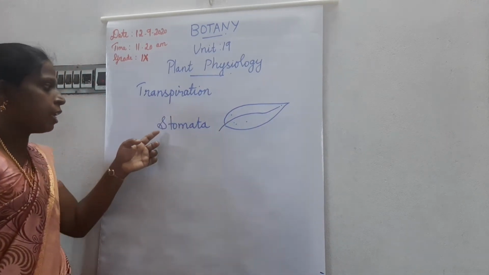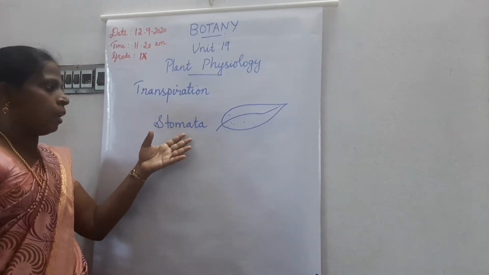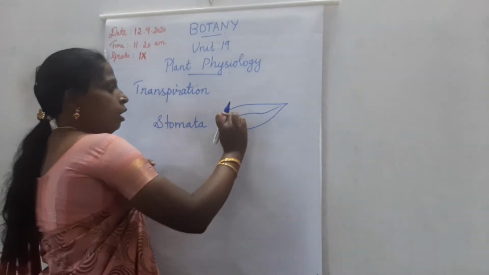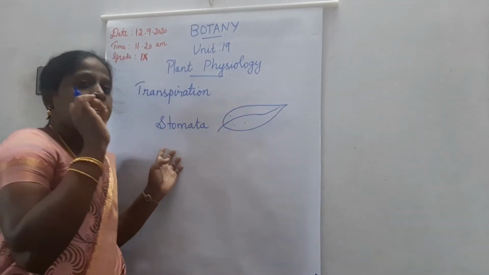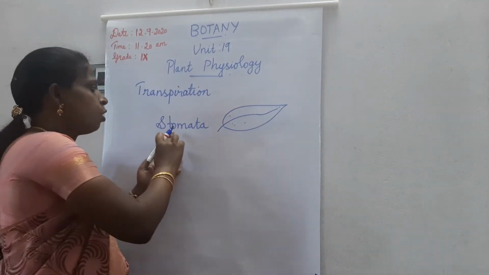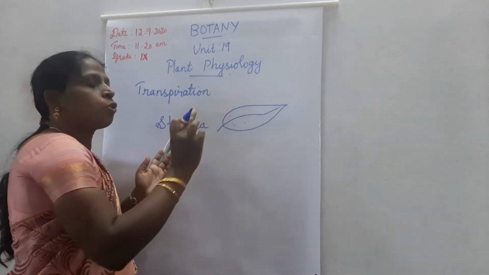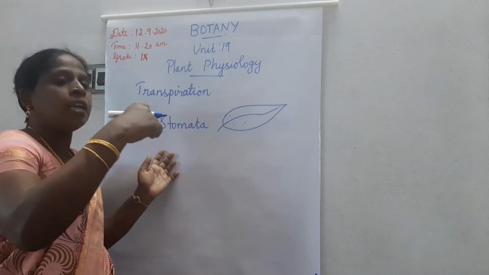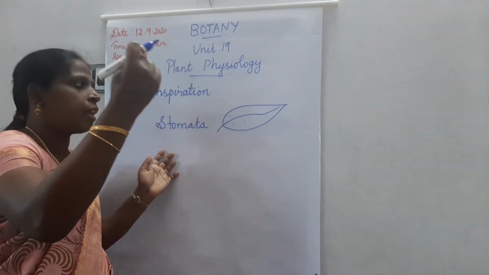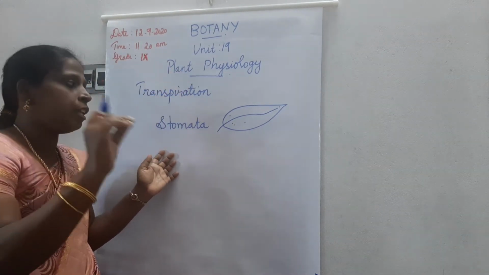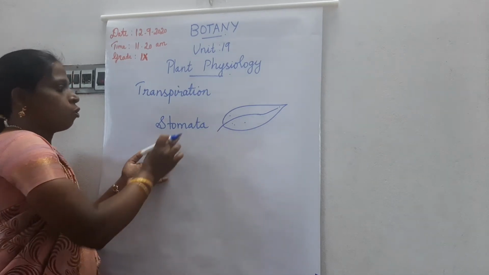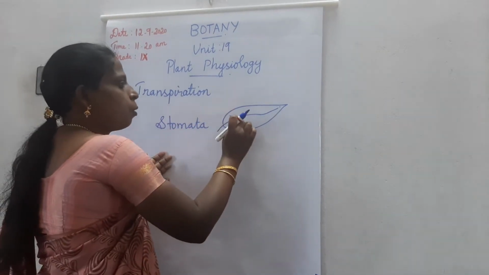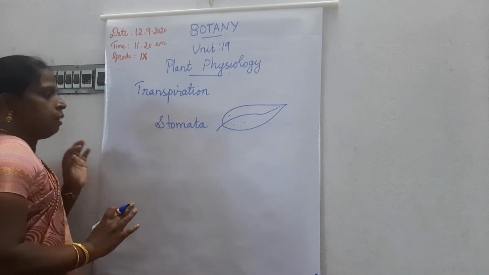Singular is stoma, plural is stomata. Through these stomata only, the excess water is released outside or evaporates to the atmosphere in the form of water vapor. So stomata are the tiny pores present in the leaves.